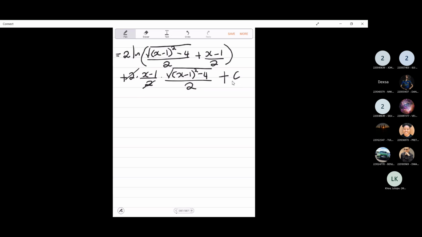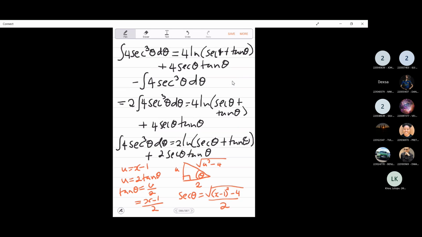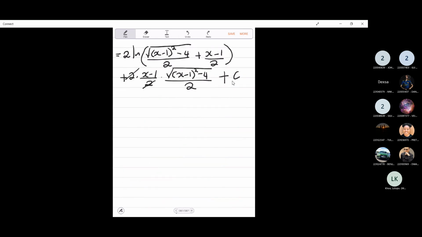So if we write it nicely, the integral of 4 sec to the power of 3 of theta d theta is just equal to x minus 1 over 2 times the square root of x minus 1 squared minus 4, over 2.